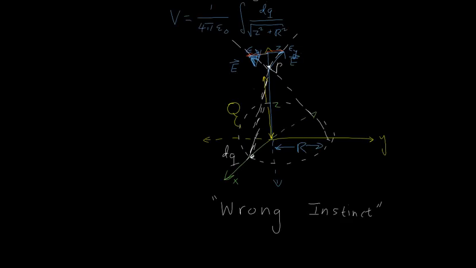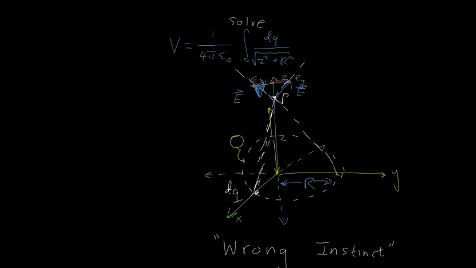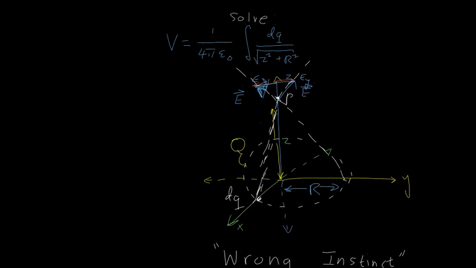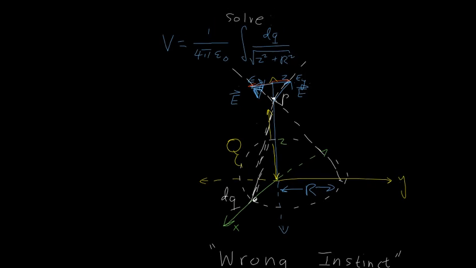If our problem was, let's say, to calculate the electric field, then the electric field vectors would be important, and then their components would be important. But electric field is a vector, not a scalar. Electric potential is a scalar.